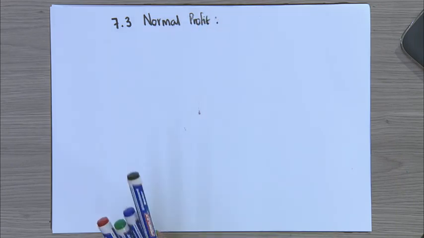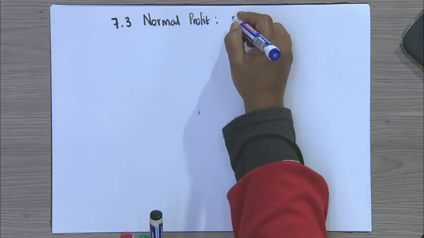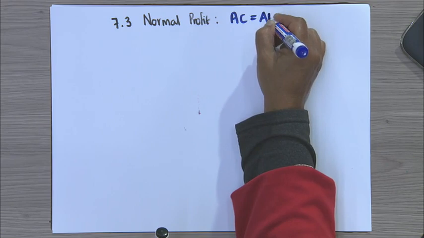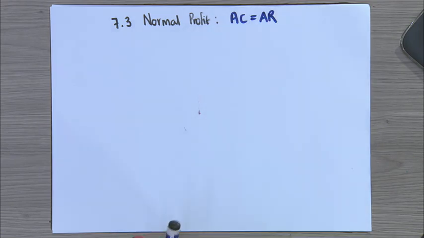Now, normal profit is going to be where AC is equal to AR now.